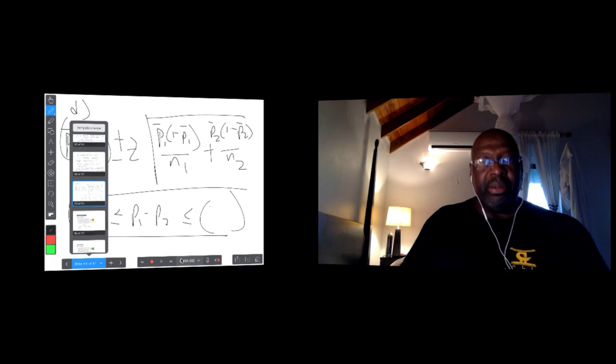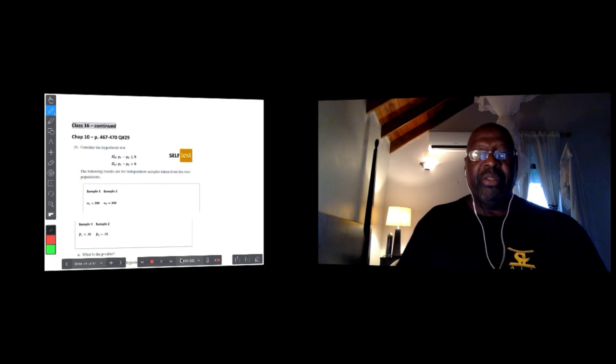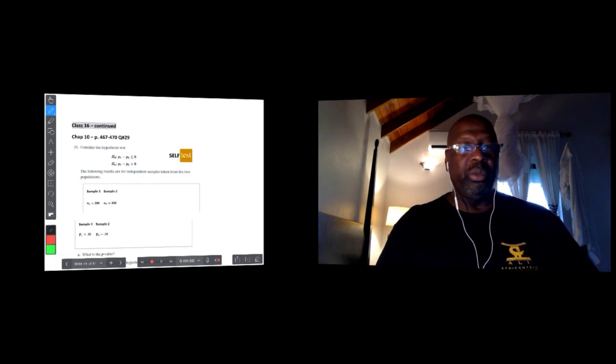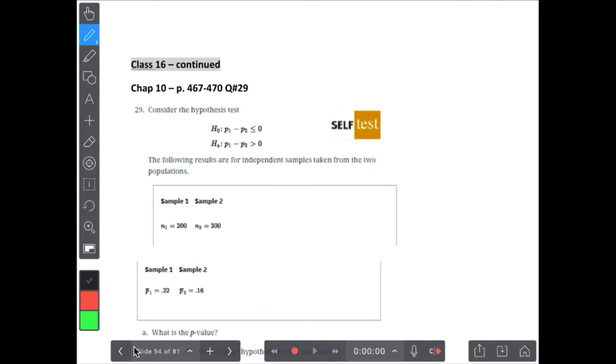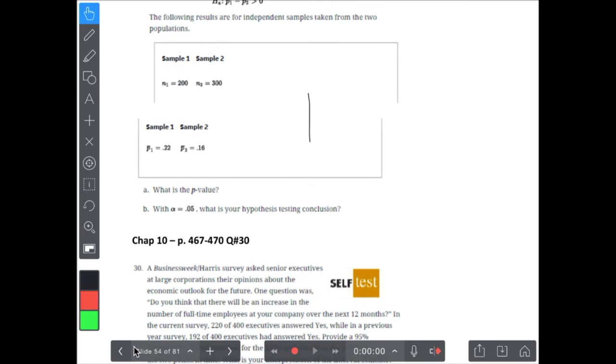If you want to just test yourself, prior to the question that we worked, there is a question here that is asking us to find the p-value, and so on. If you look at that question, you have P1 minus P2 is less than or equal to 0, P1 minus P2 is greater than 0, and we're being asked what is the p-value in that case?